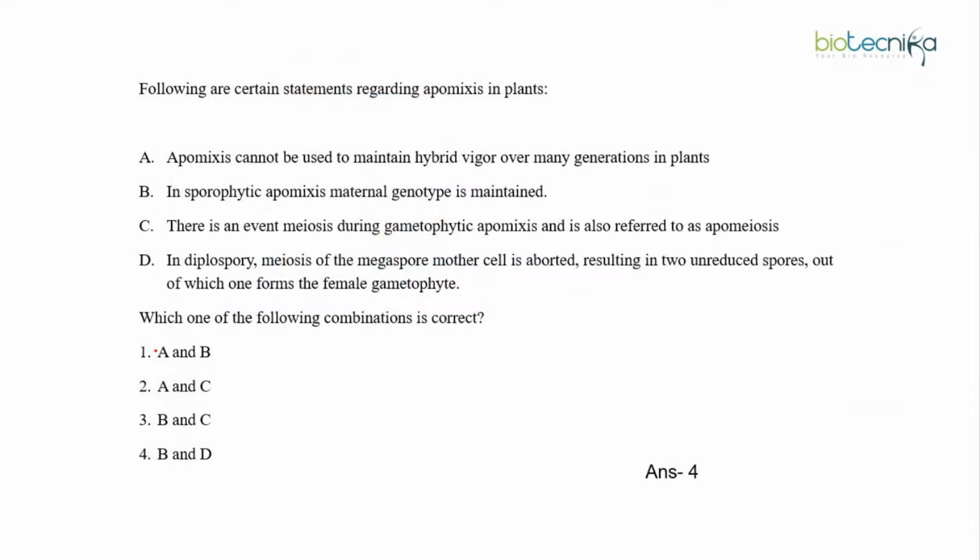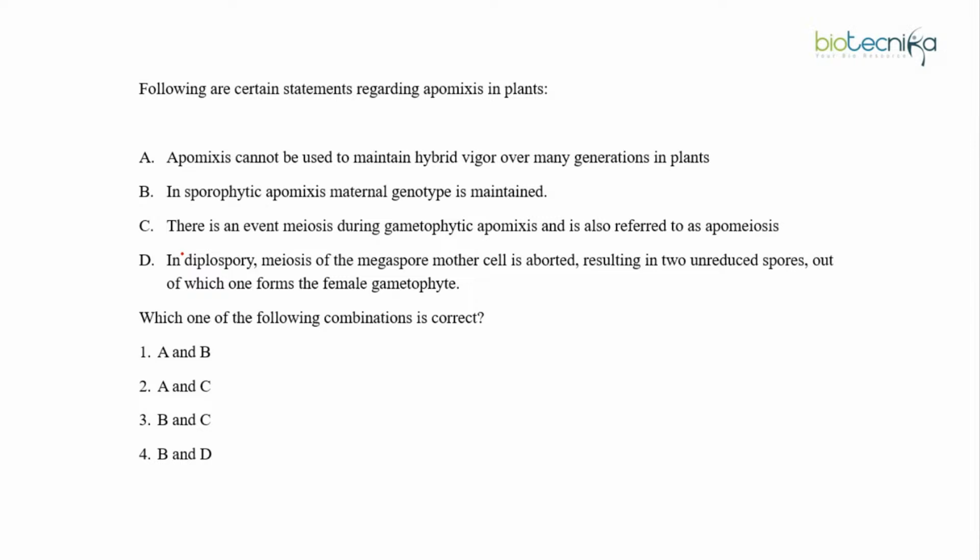Okay. Now coming to apomixis. So they are saying the following are certain statements regarding apomixis in plants. Apomixis cannot be used to maintain hybrid vigor over many generations in plants. In sporophytic apomixis, maternal genotype is maintained.